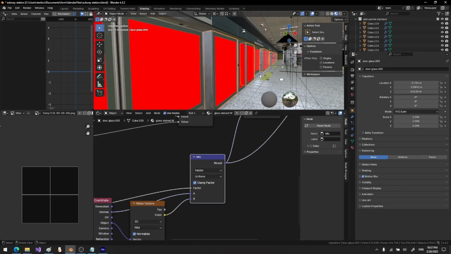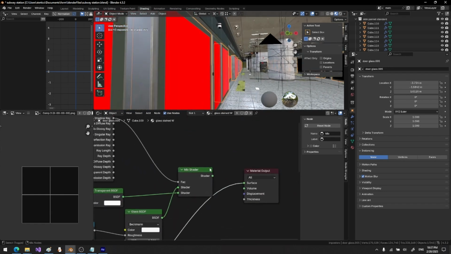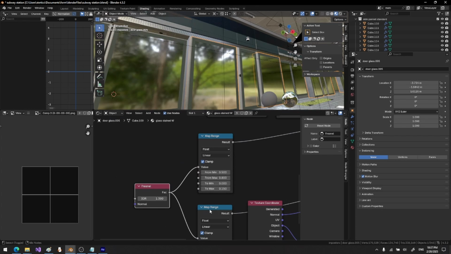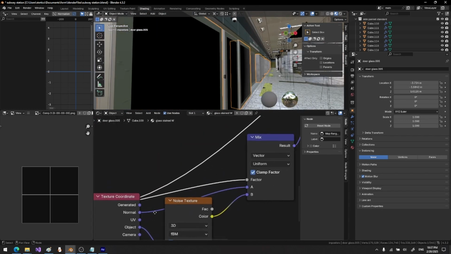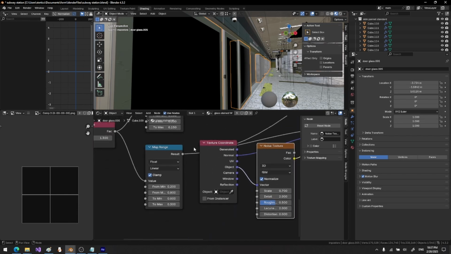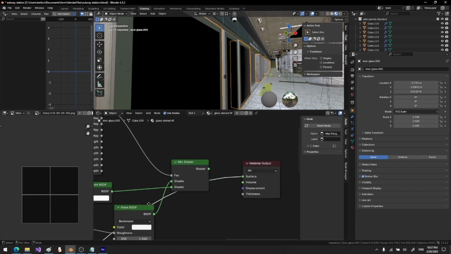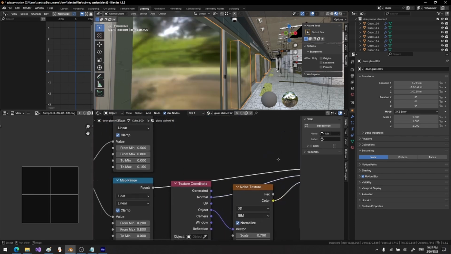And we can just mix that with our default normals, and we want to mix it depending on the Fresnel vector, and we do need to map range. Like, we don't want complete chaos over here, because this noise texture is not physically accurate, and mixing it by too much, like 100%, it will look off, and we don't want that. So we should have a map range node and plug that into the vector over here.